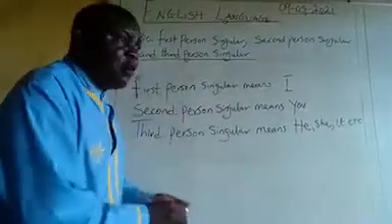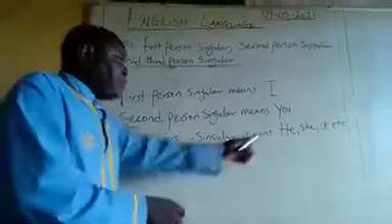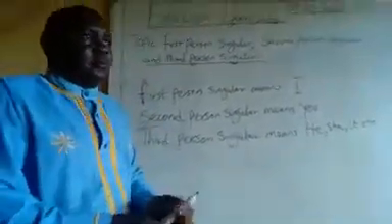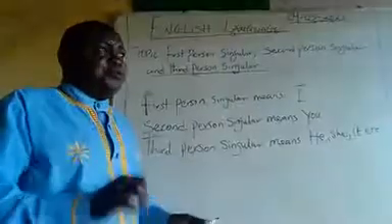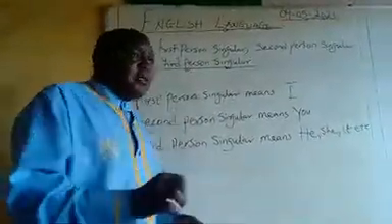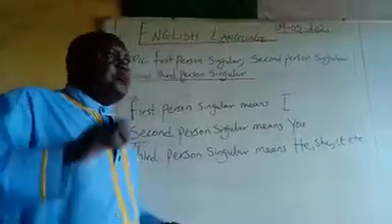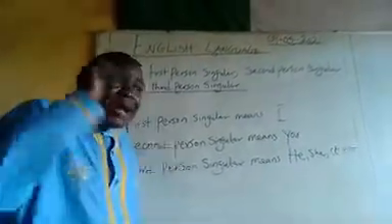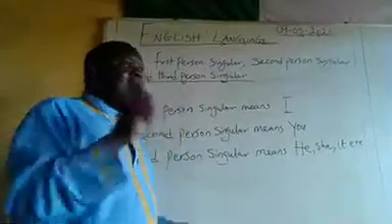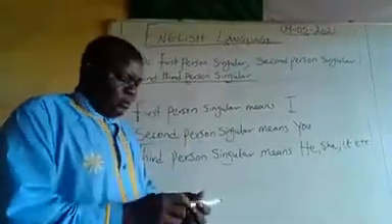If you mention the name of a person, just pick the verb of a third person singular. If you mention the name of a place, pick the verb of the third person singular. If you mention the name of an animal, just pick the verb of the third person singular.